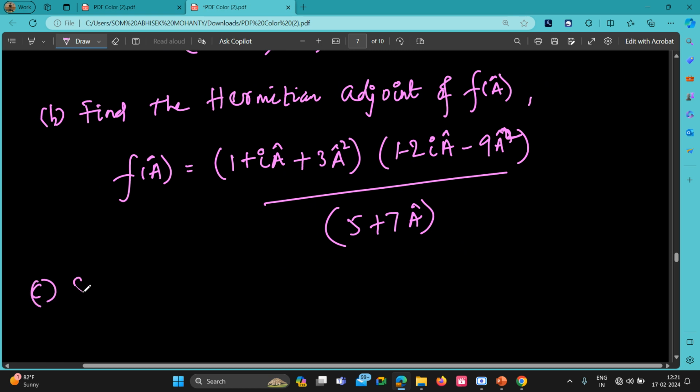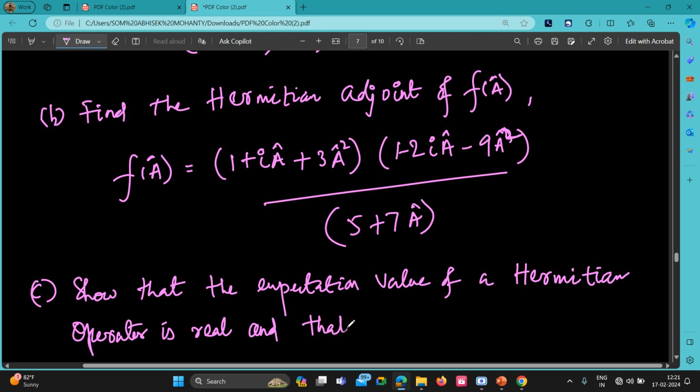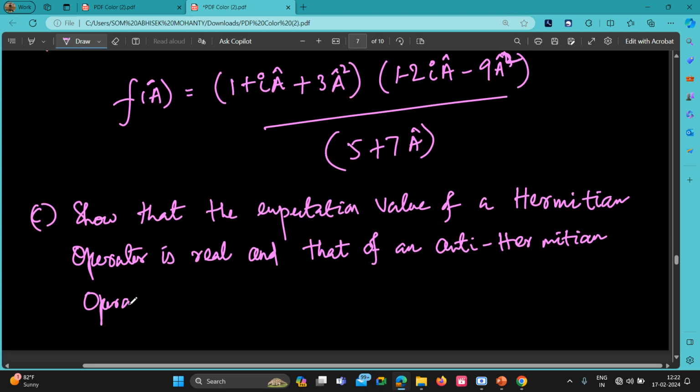Alright, last question here in this section, so that through one question we'll have a lot of concepts clear: show that the expectation value of a Hermitian operator is real and that of an anti-Hermitian operator is imaginary.